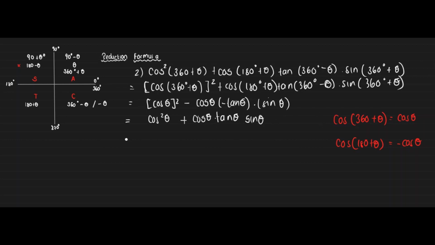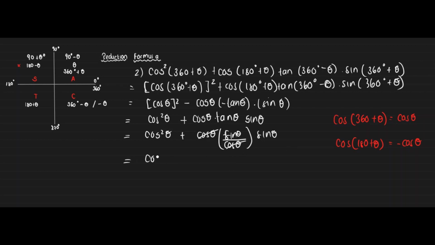Let's change this into an identity. Leave this one the way it is. So it's going to be cos squared theta plus cos theta, and this one's going to change into an identity. So it's going to be sine theta divided by cos theta, close bracket, and this is going to be sine theta. The cos and the cos are going to cancel each other.